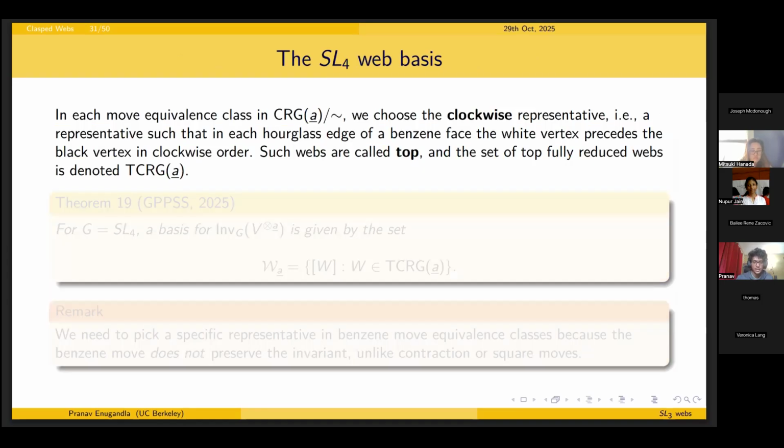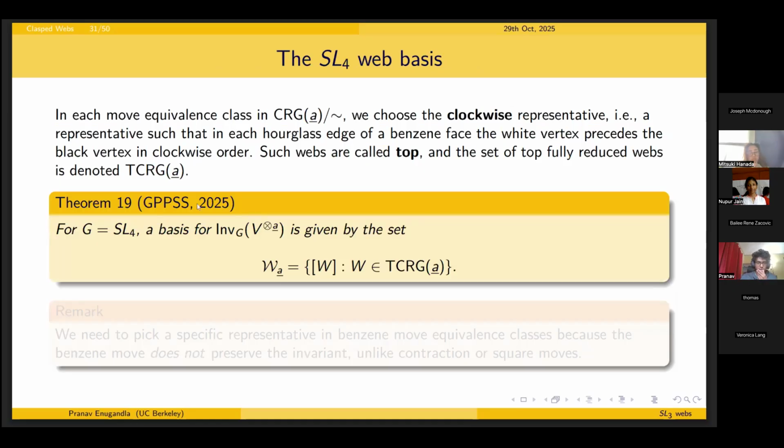Okay, and now here's the theorem of Christian and collaborators. For SL4, a basis for the invariant space. Once again, this is just the fundamental invariants, so it's just V's, V duals, and the second exterior power of V. For SL4, there's three fundamental representations. But the point is, if you orient all your benzene faces in some preferred way, which they call clockwise, because you can always rotate a benzene face and these are going to be equivalent, so they say, pick your favorite orientation for all the benzene faces.